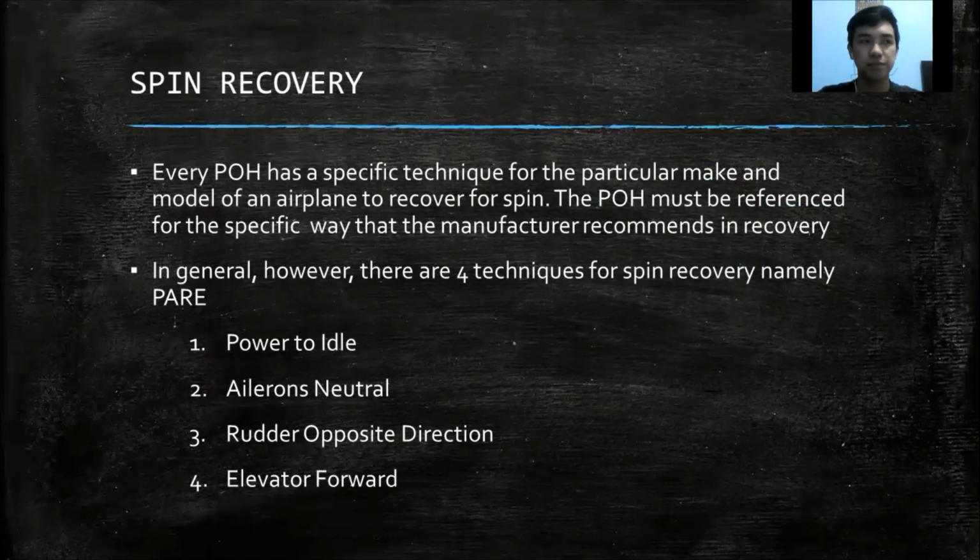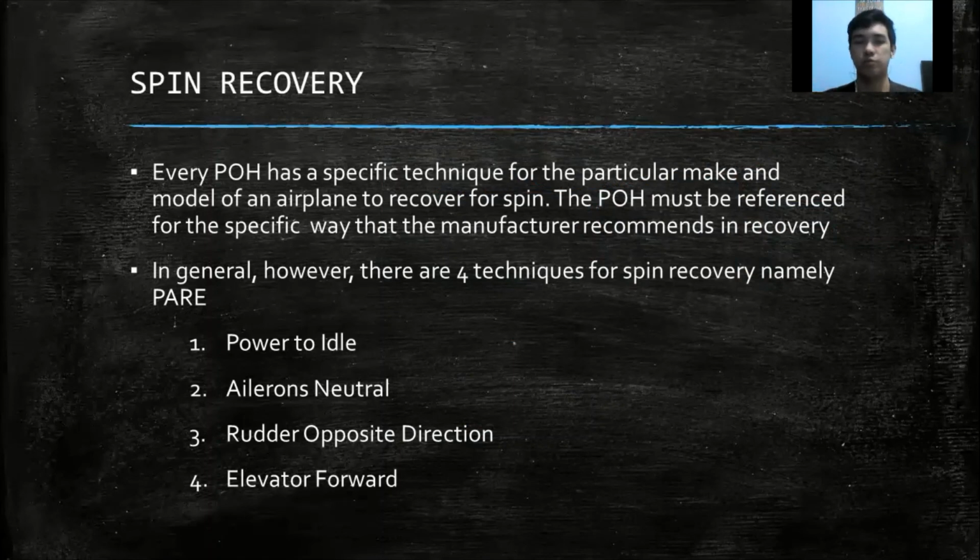Looking back, hindi 'to puwede kasi nga nagsi-spin tayo to the right because the right wing is greater than the critical angle of attack. So by increasing the angle of attack more, mas mapapaspin pa tayo nito by yoking to the left. When we yoke to the left, mas mapapa-increase pa yung pag-spin natin.